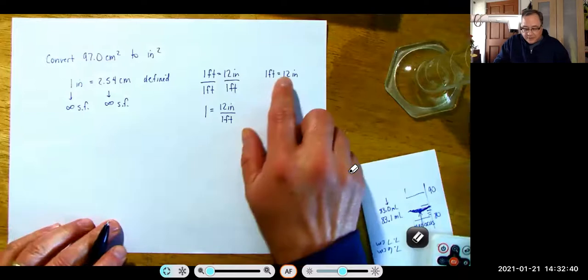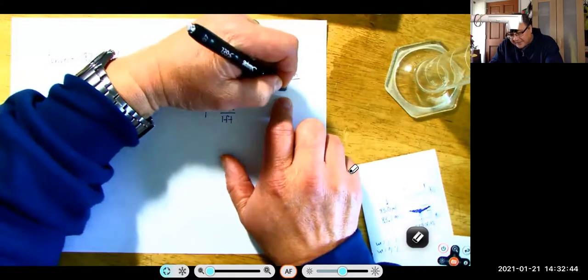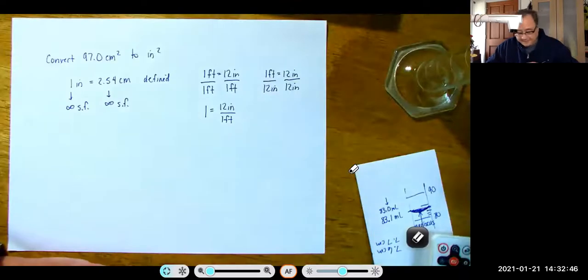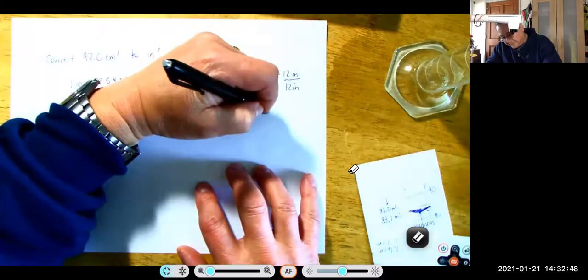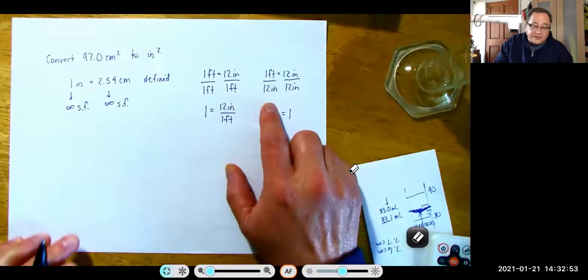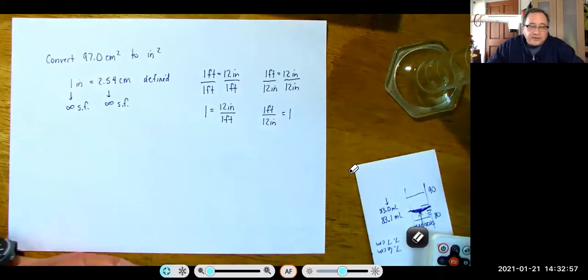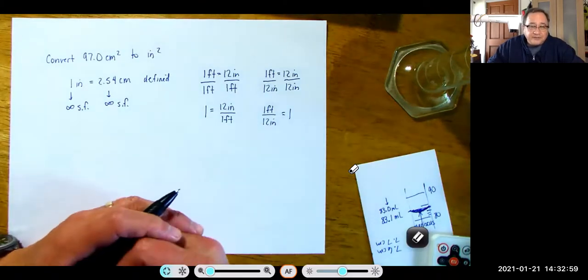I'm going to do the same thing over here, except I'm going to divide by 12 inches. And I get 1 foot over 12 inches is equal to 1. Now, the cardinal rule in algebra is what you do to one side, you have to do to the other.